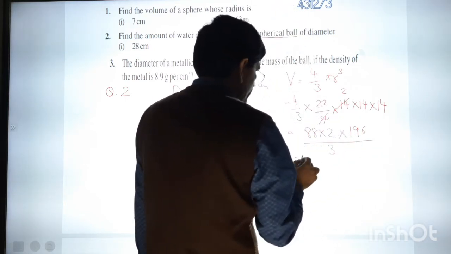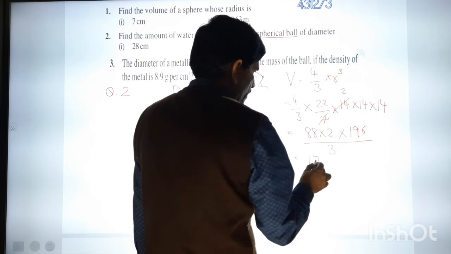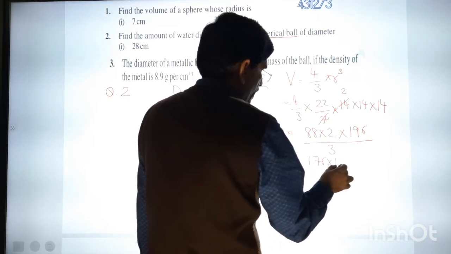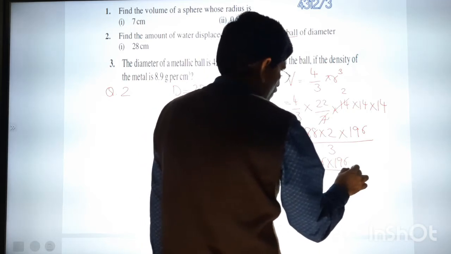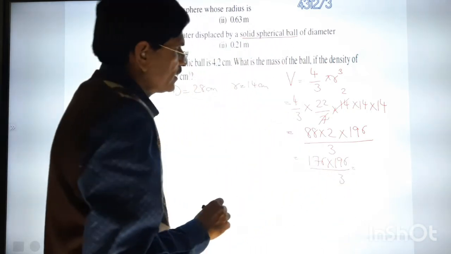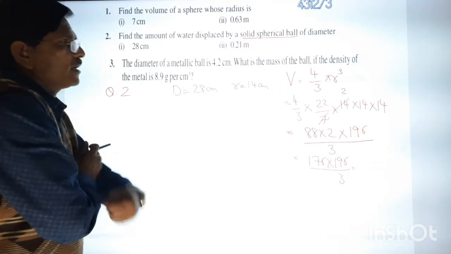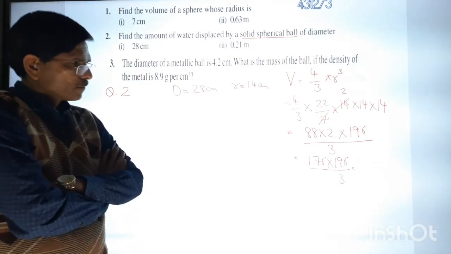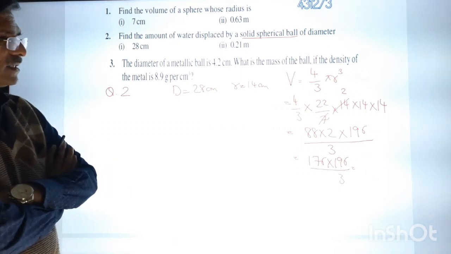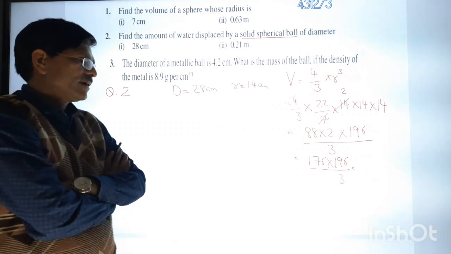So I have to write 176 multiplied by 196 divided by 3. We already know that all the digits we have are divisible by 3.